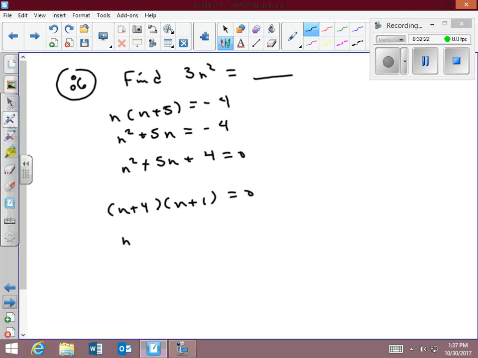This says n plus 4 equals 0, or n plus 1 equals 0. n equals minus 4, or n equals minus 1. So there's no way to specify which one of those n's. I guess you could.